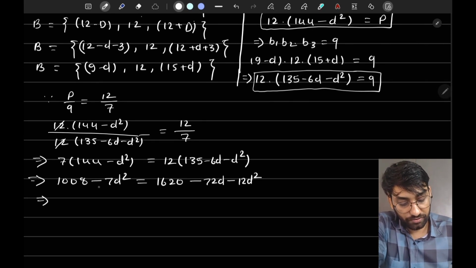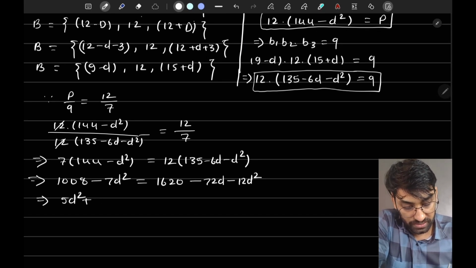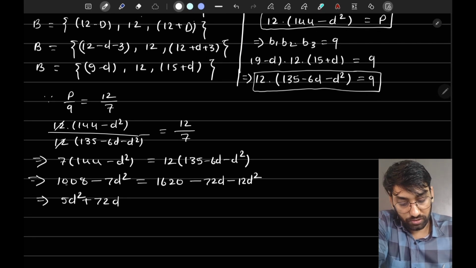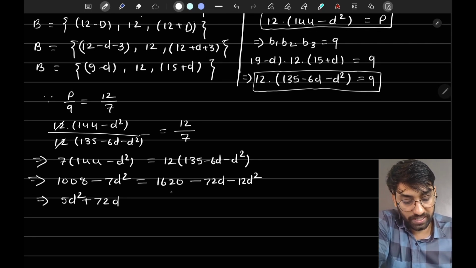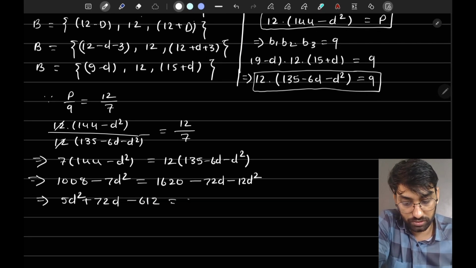After simplification, I get 12d square minus 7d square, that is 5d square, plus 72d, then 1008 minus 1620, so minus 612 equals 0.